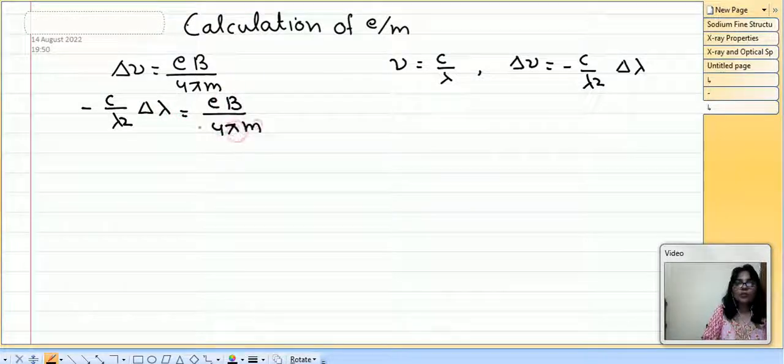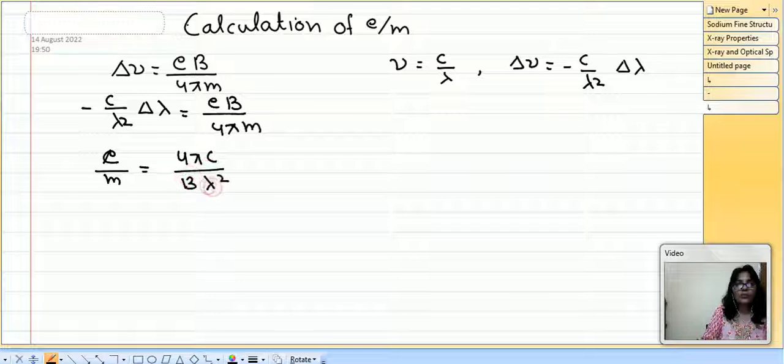So E by m will be equal to 4 pi C delta lambda upon B lambda square, with a negative sign.